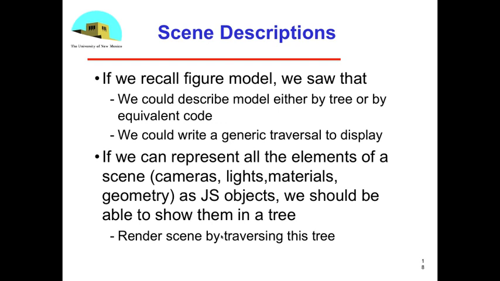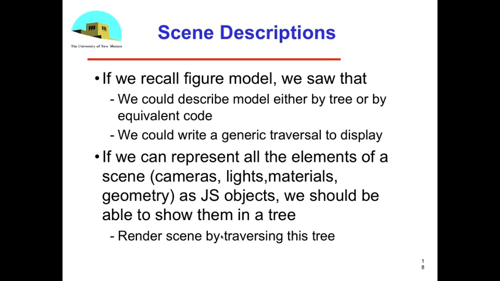Okay, so now if we start looking at the description of a scene, understanding that we can create all of these different objects, we saw with the figure model that I can describe that by a tree, and I was able to write a generic traversal algorithm that would work with any tree. So the argument for a scene graph, we're finally at the scene graph stage, is that all the elements of a scene, the geometry of the objects, the cameras, the lights, material, are all objects, and I should be able to put them into a tree where the tree describes the scene.